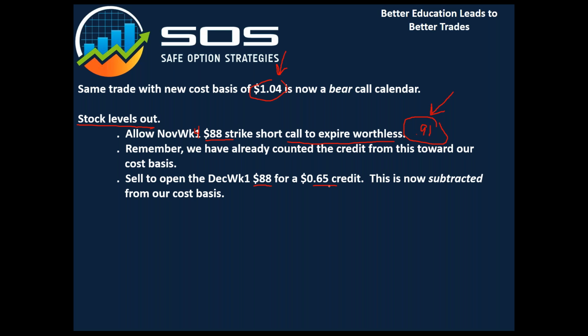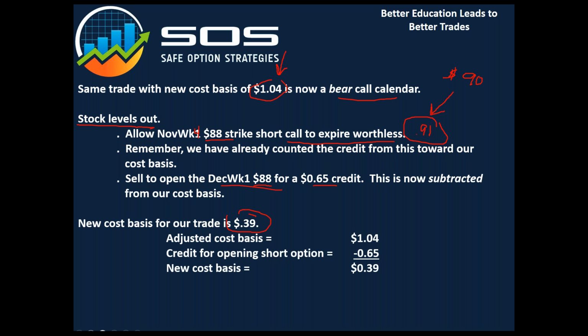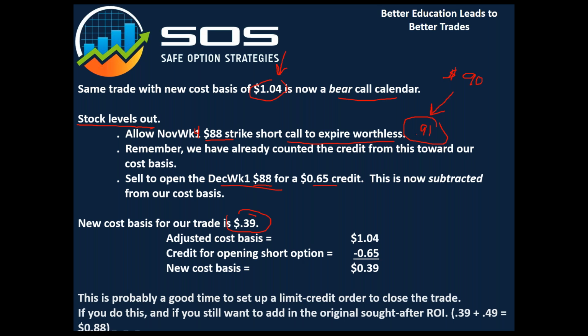There's nothing that we're buying to close, so we just get to subtract that 64 cents from our cost basis. We now have a trade, still a bear call calendar, because our long calls are still at a 90 strike, and our short calls are still at an 88 strike. They're just pushed out a week farther. But we've lowered our cost basis now to 39 cents a share. Got to keep track of the money in, money out.